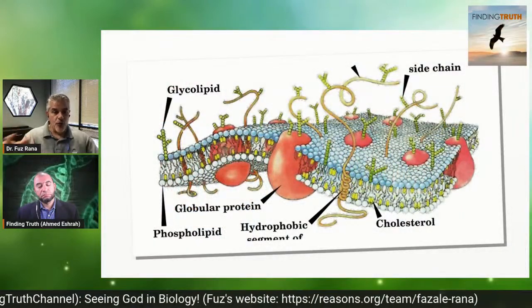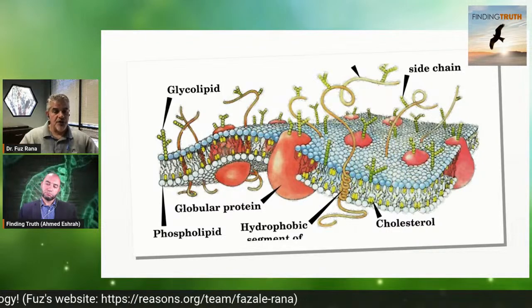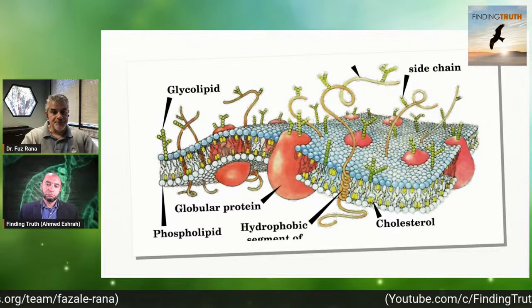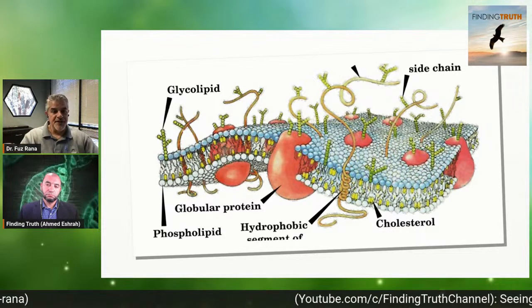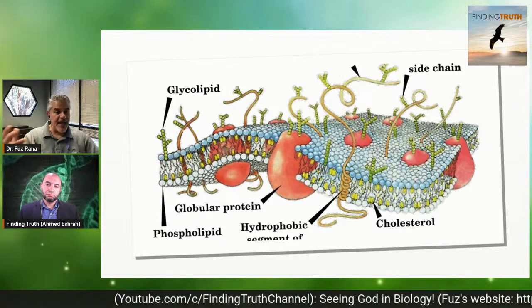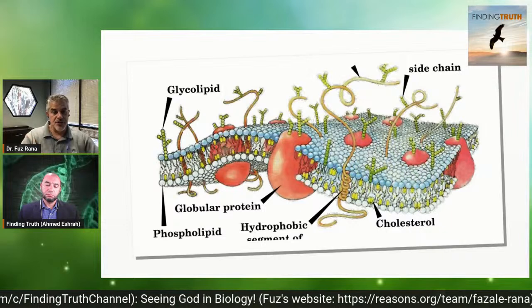For example, forming a boundary that separates the interior of the cell from the exterior environment. The proteins in cell membranes mediate the transport of molecules in and out of the cell, either actively against concentration gradients or passively with concentration gradients.